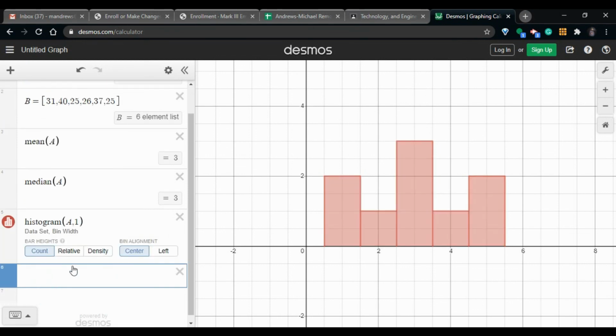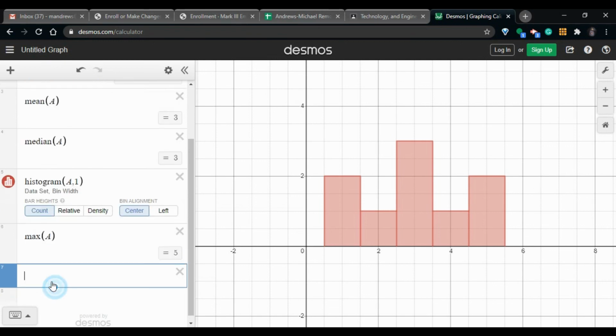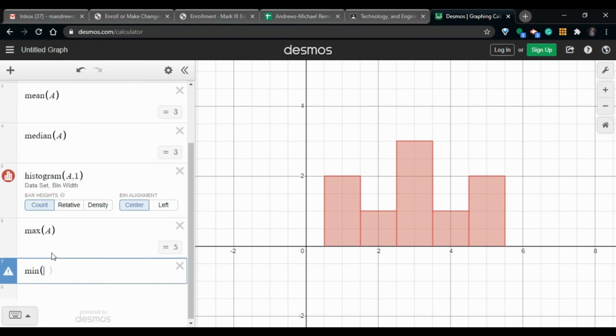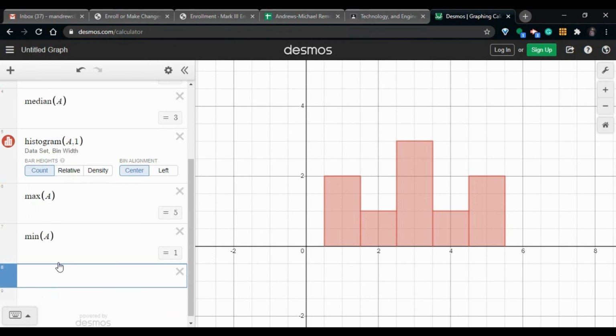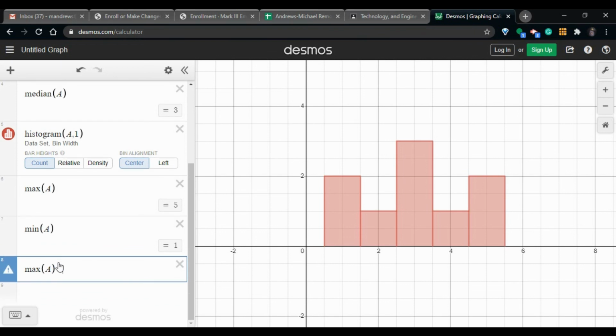For the range, I find the maximum, I find the minimum, and I just subtract. So this is max A minus min A. Okay, and so then there's my range.